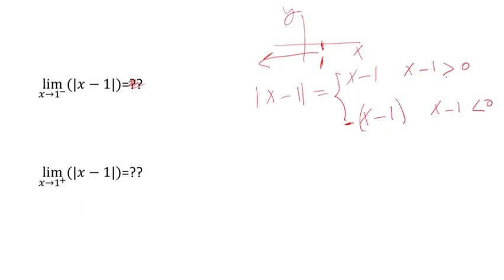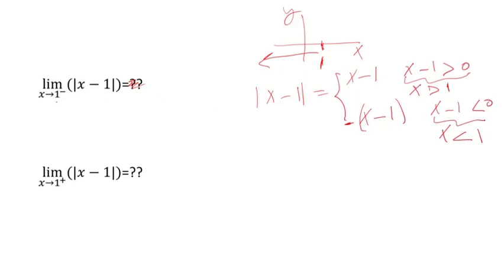In other words, if you solve this inequality, x minus 1 is positive, you can move 1 to the other side, so x is greater than 1. And this here becomes x is less than 1.